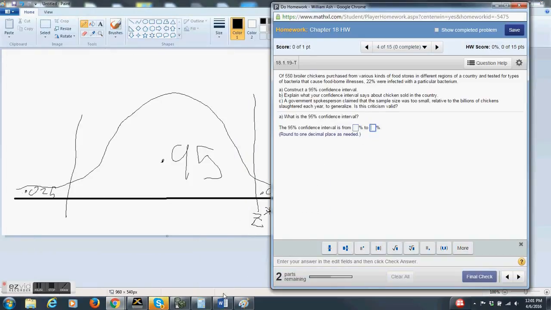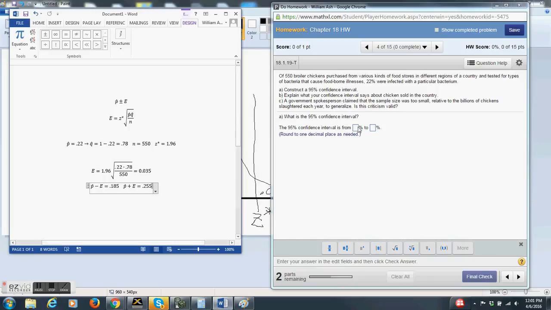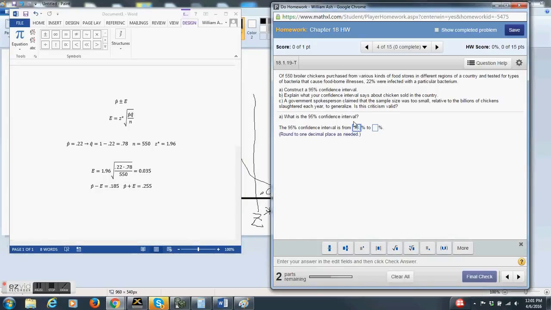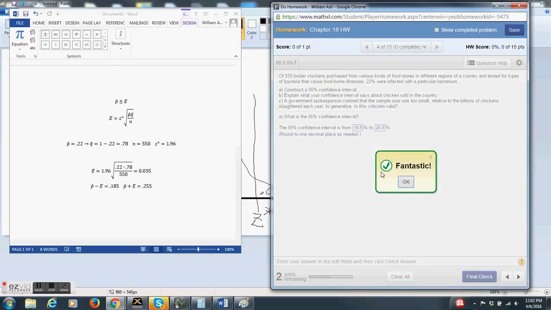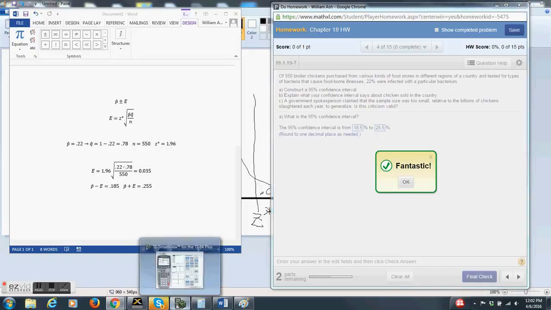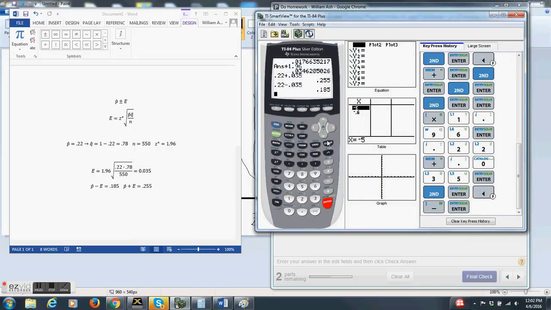So I'm going between 0.185 and 0.255. I guess, right, you're saying I know that it's 22% plus or minus 3.5%. So I know it's within 3.5% of the 22%. That within 3.5%, that's what this error is.